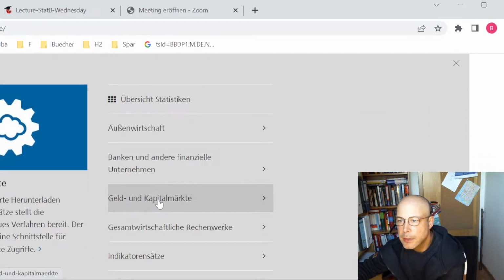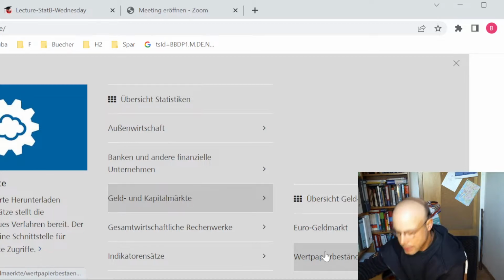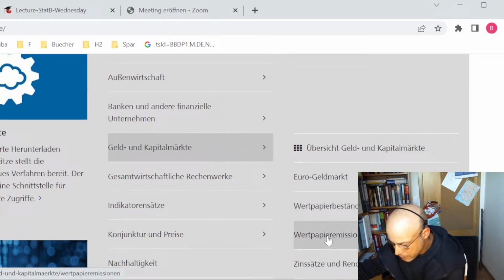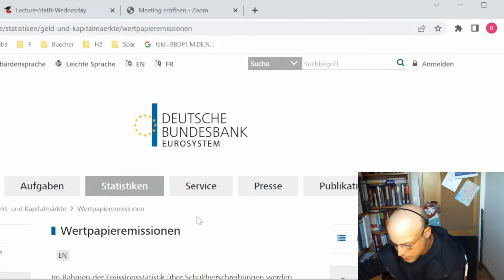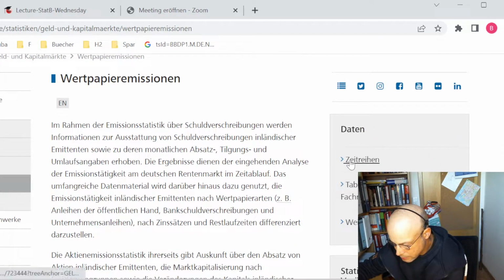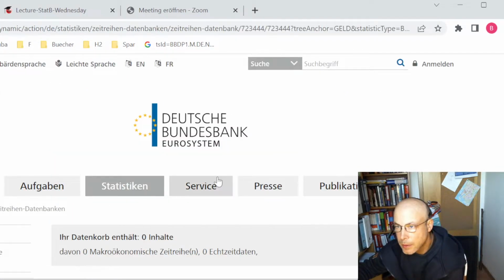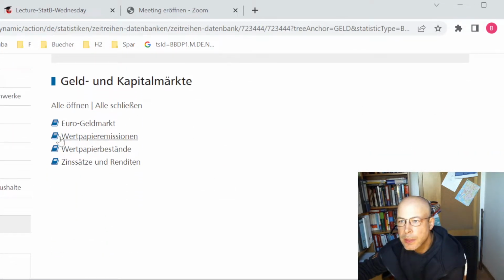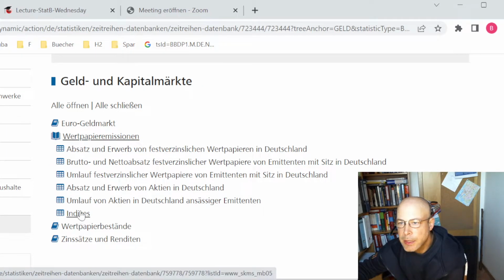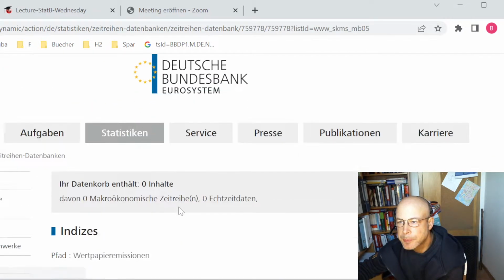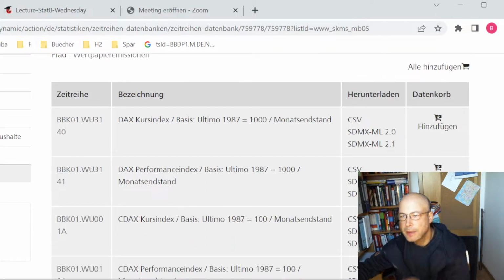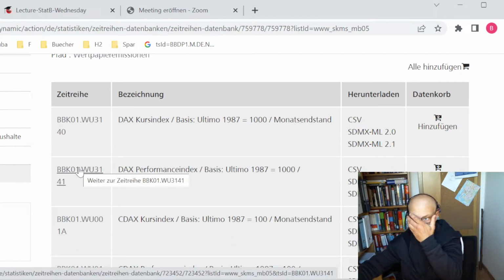Statistics, and there we have money and capital markets, and then we need the stock emissions, and go to time series, emissions, and here we have the indices, and then we take the time series of the DAX performance index.